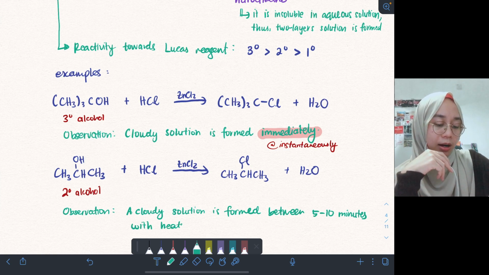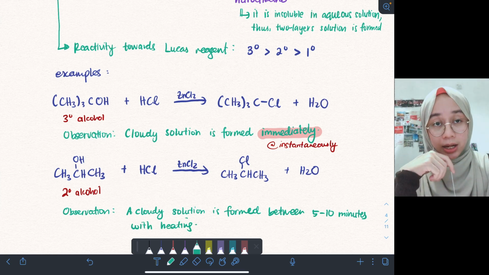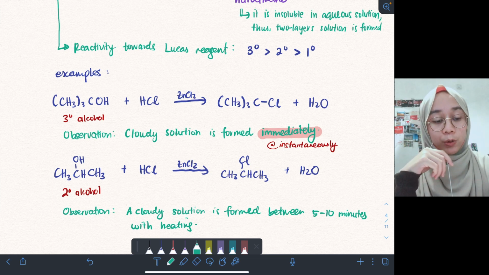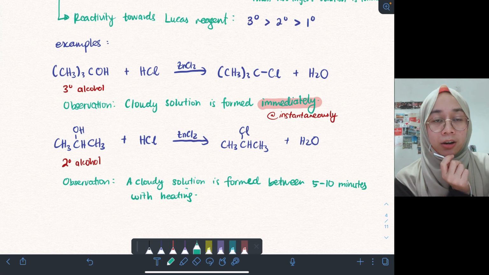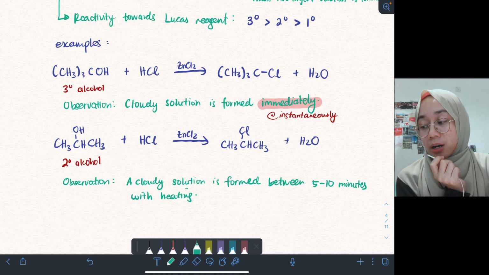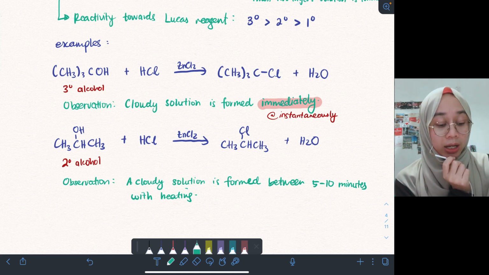So somehow dekat sini heating is needed lah. Heat is needed in order for you to see the cloudy solution to appear. And then only with heating after 5 to 10 minutes, you will see the cloudy solution appear. Okay, so it's not immediately.